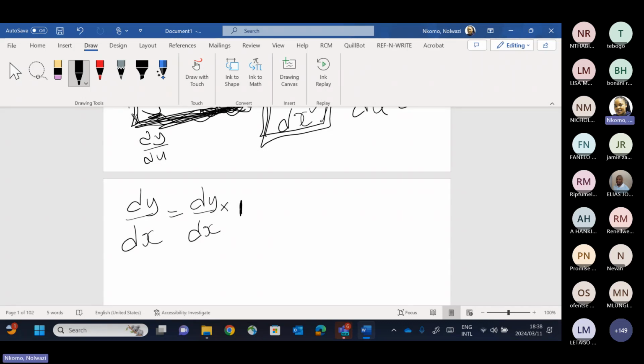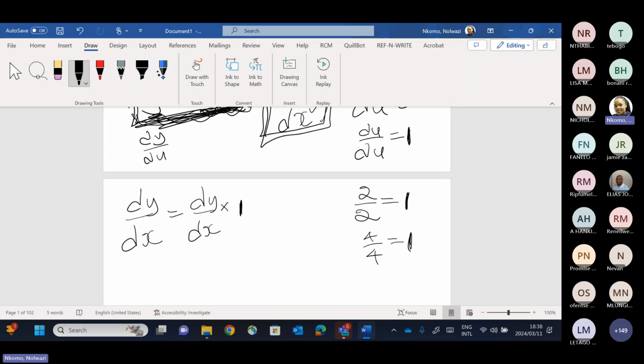But you know, 2 over 2 is the same thing as 1, right? 4 over 4 is the same thing as 1, right? So du over du is the same thing as 1.